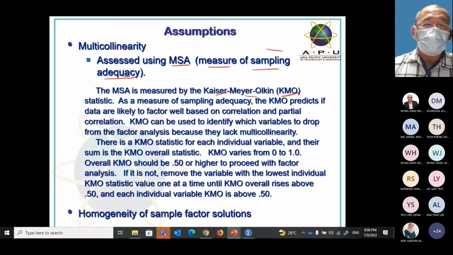So the KMO predicts if the data are likely to factor well based on the correlation and the partial correlation. Therefore, in general, the correlation should be high.